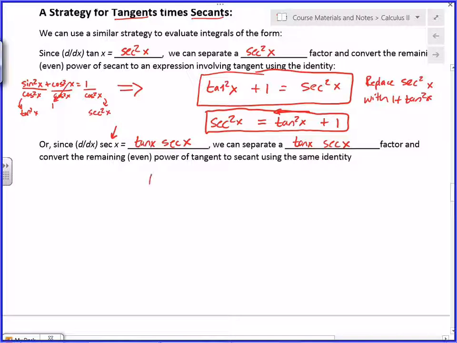So how might I turn tangents into secants? Tangent squared is secant squared of x minus 1, using this same identity, which is basically this guy up here, just moved the 1 to the other side.